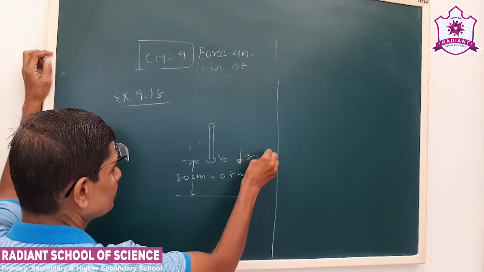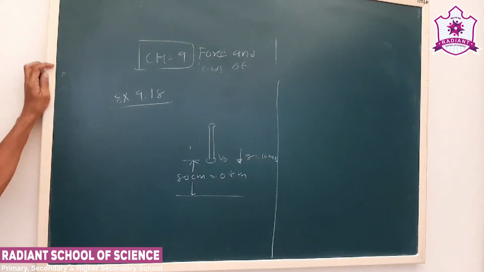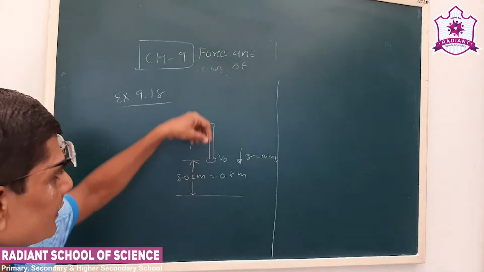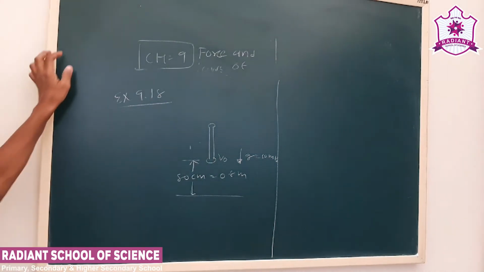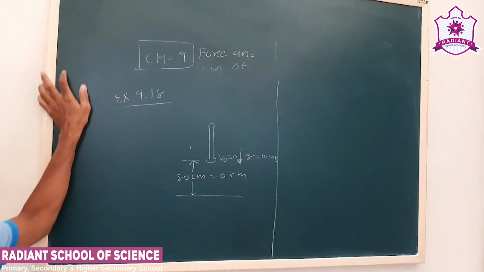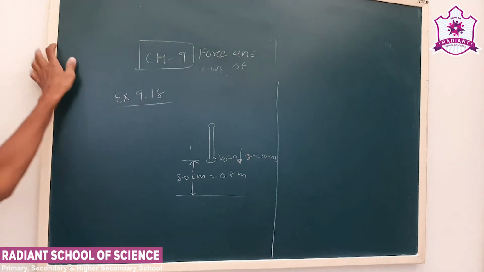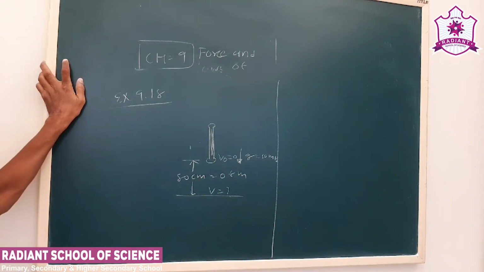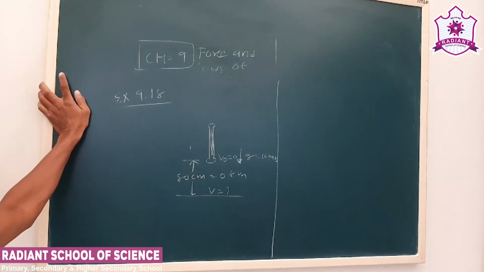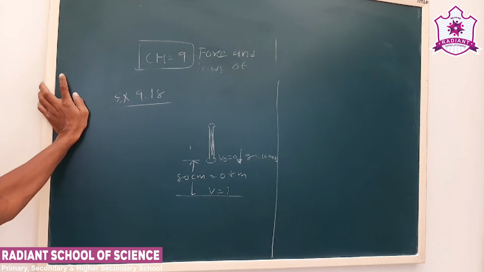G is 10. Now, let us say this is an example of a free fall. Initial velocity is 0. That is a free falling object. Final velocity is V, we have to calculate. Then, by using the formula P is equal to mv, we can easily calculate.